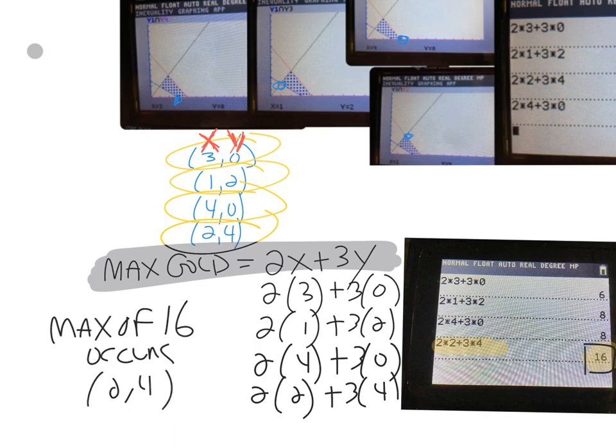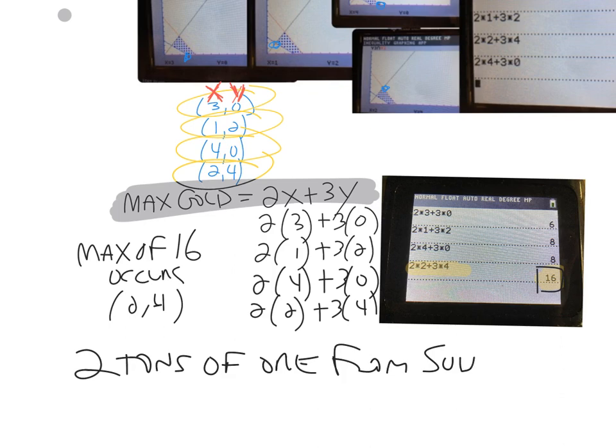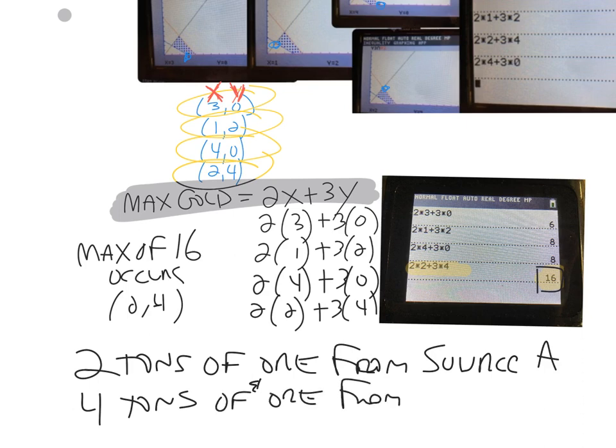That means they should process 2 tons of ore from source A and 4 tons of ore from source B every day. That's how they maximize the amount of gold that gets extracted. And that's why linear programming exists, to find maximum values and minimum values of expressions of the objective function.